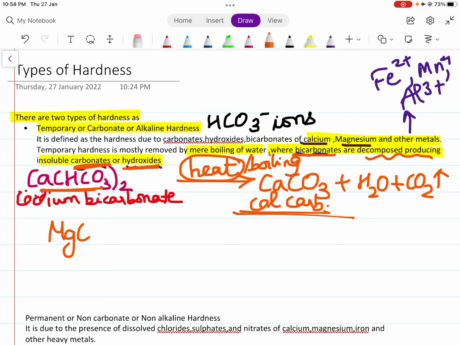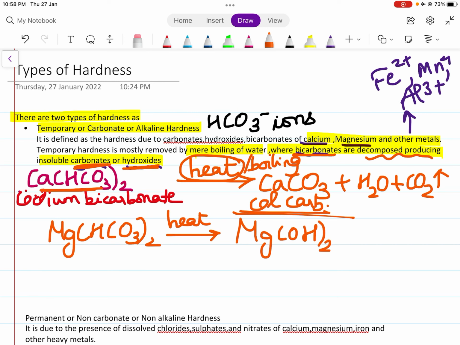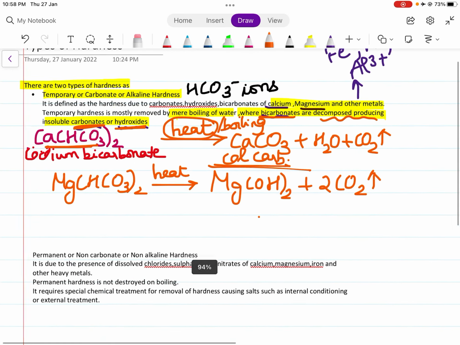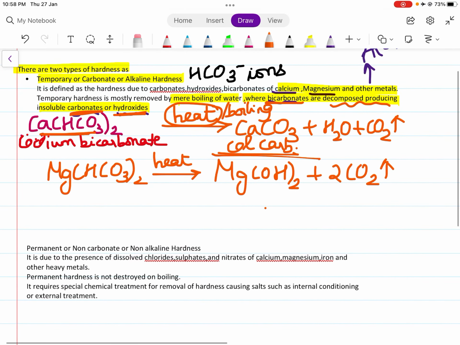And magnesium bicarbonate on heating forms magnesium hydroxide plus 2CO2. CO2 is released. So calcium bicarbonate forms calcium carbonate on heating, and magnesium bicarbonate on heating forms magnesium hydroxide.